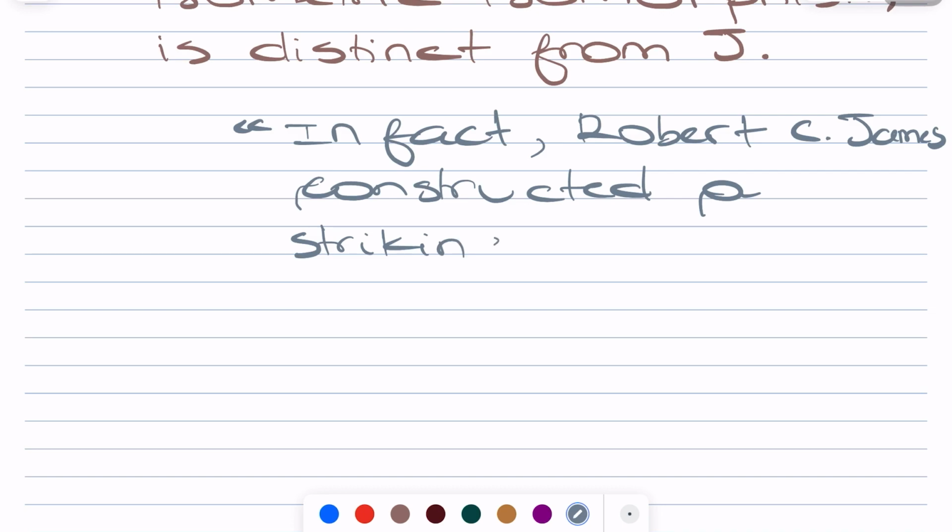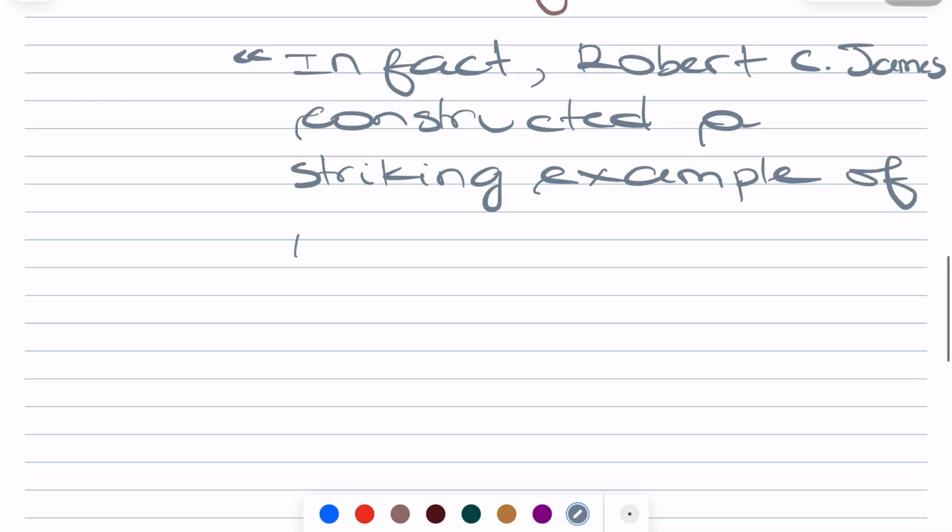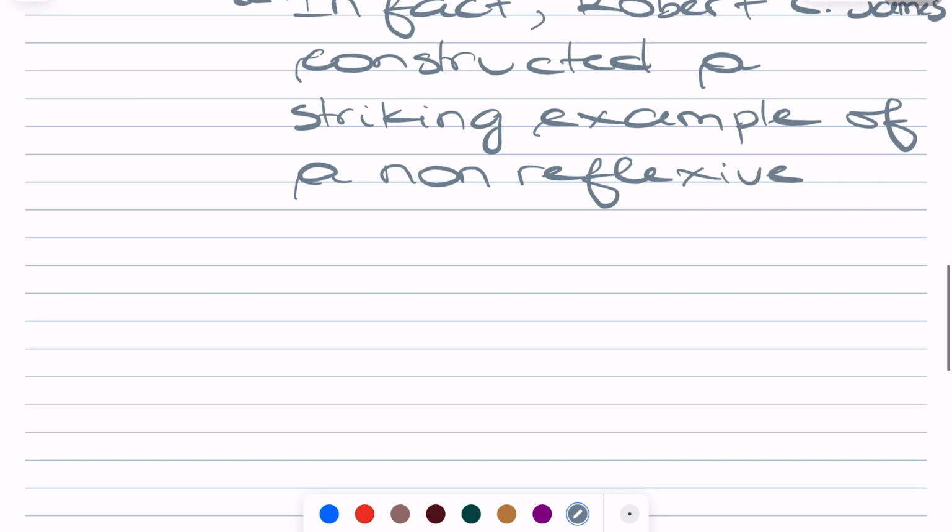Striking example of a non-reflexive space. By the way, a reflexive space is always a Banach space.